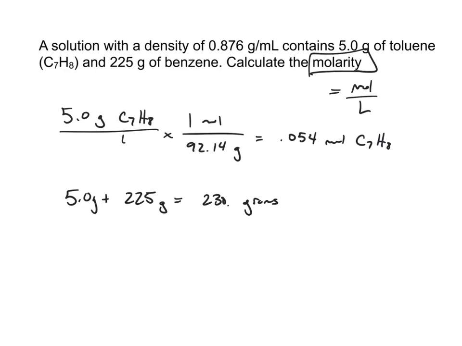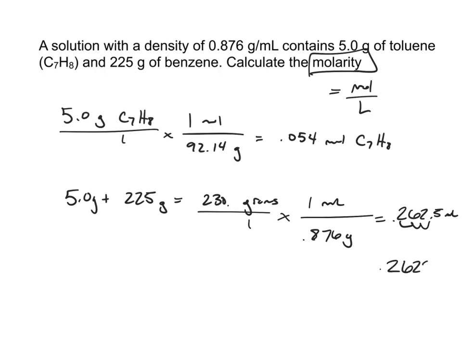So I take that grams and I simply use the density, 1 milliliter on the top, 0.876 grams on the bottom, and that'll give me 262.5 milliliters. And if I move the decimal point over 3 times to the left, I have 0.2625 liters, but I want to round that answer to 3 significant figures because my original number is in 3 significant figures.